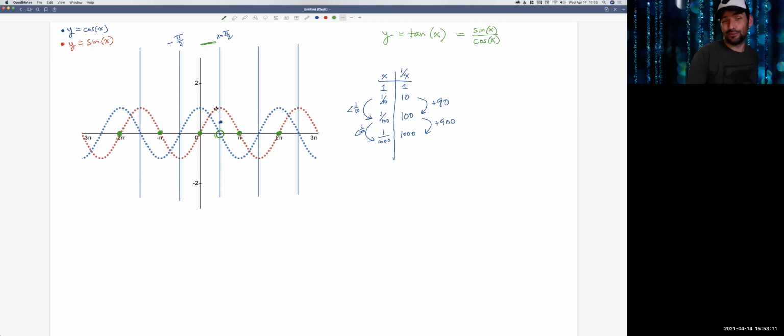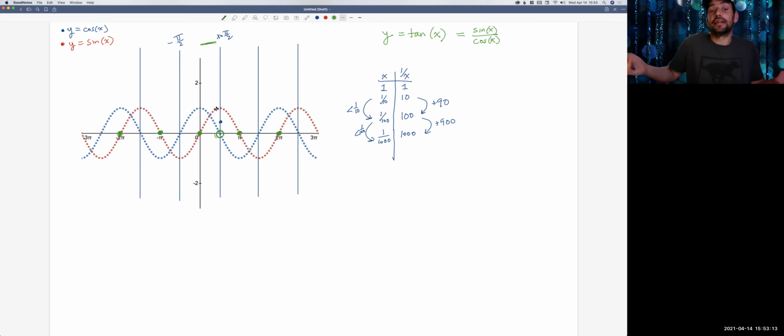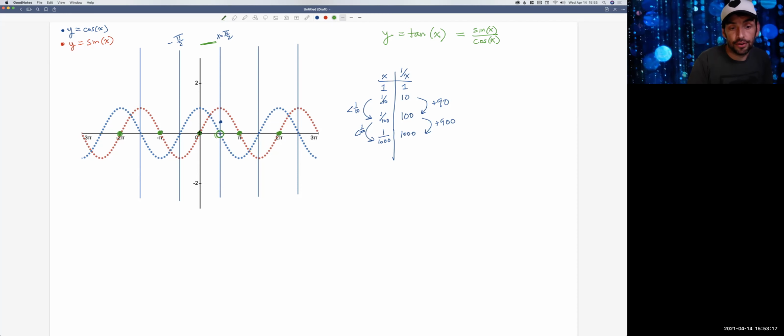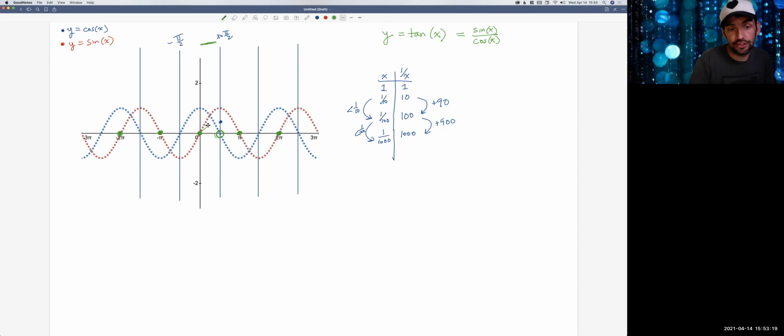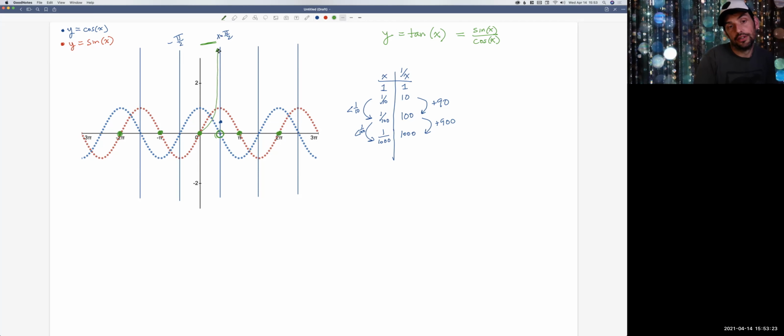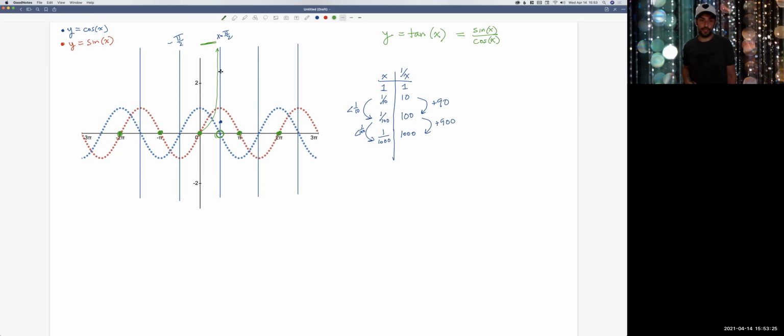And the only thing it is doing is increasing, so it's only helping that rocket off towards infinity. And so what ends up happening is the tangent graph has an asymptote here, where it's shooting off towards infinity.